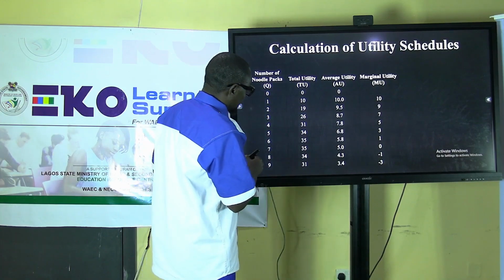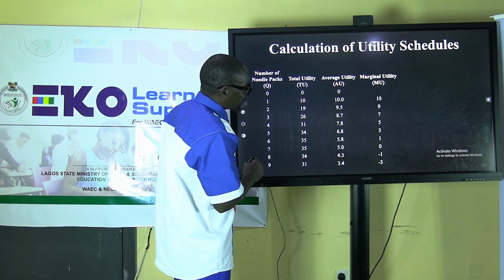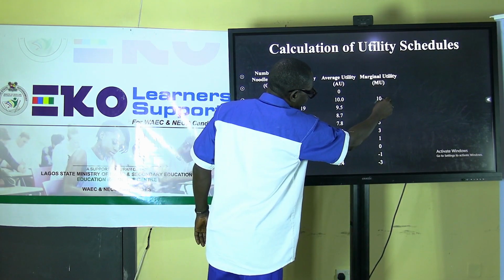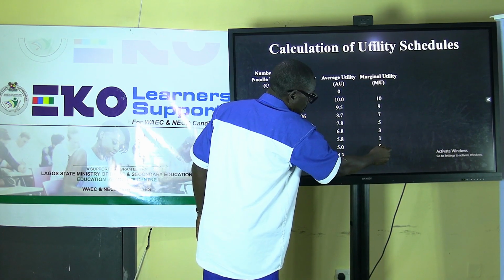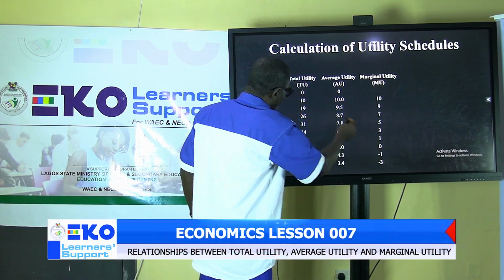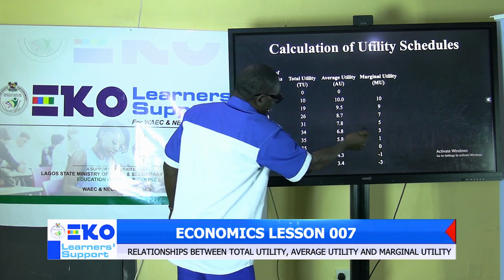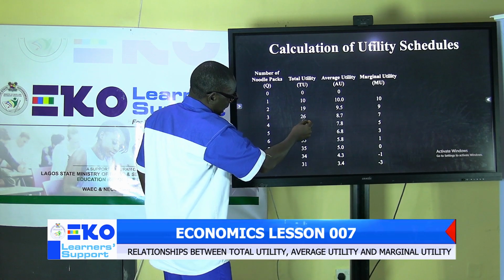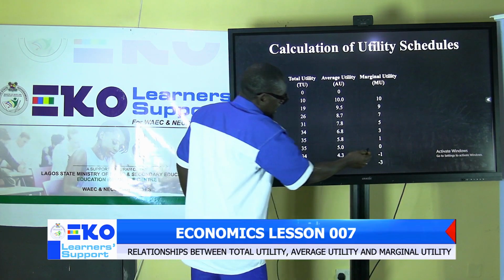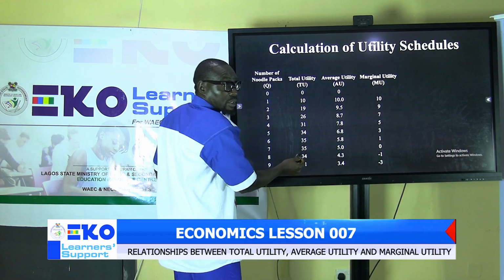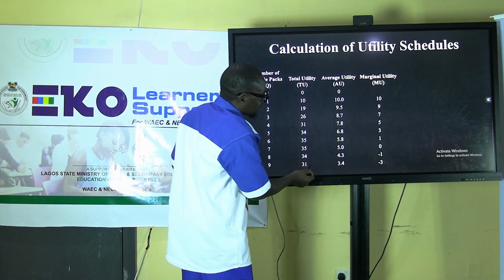So we said that, firstly, when marginal utility is positive, from 10 up until 1, it is positive, even up to 0 is positive, and we see that our total utility for that length is increasing from 10 to 19 through to 35. And when it's negative, it begins to fall. So total utility fell from 35 to 34 and then to 31.